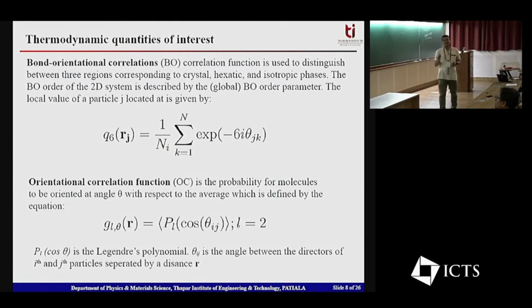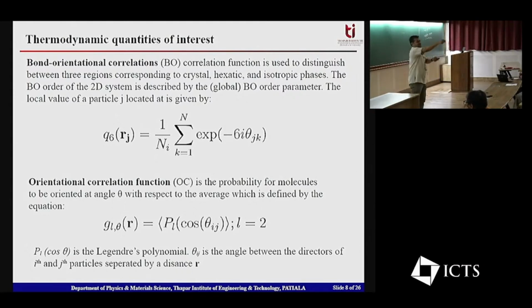To determine whether it's somewhere in between, the hexatic phase, we have to look at another order parameter called the bond orientational correlations. I'll show some plots.